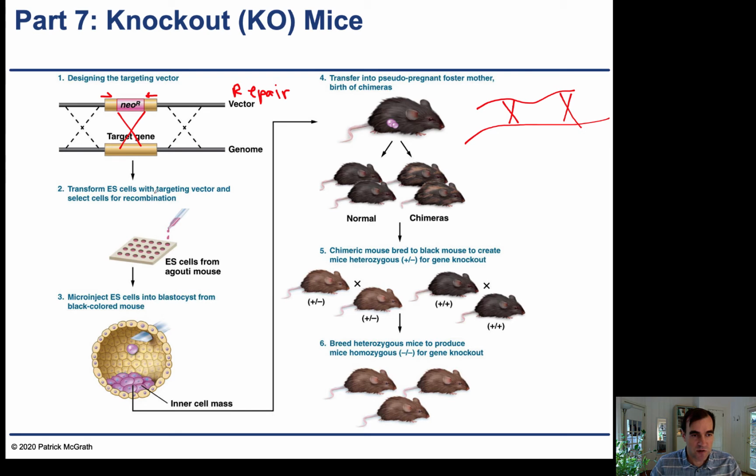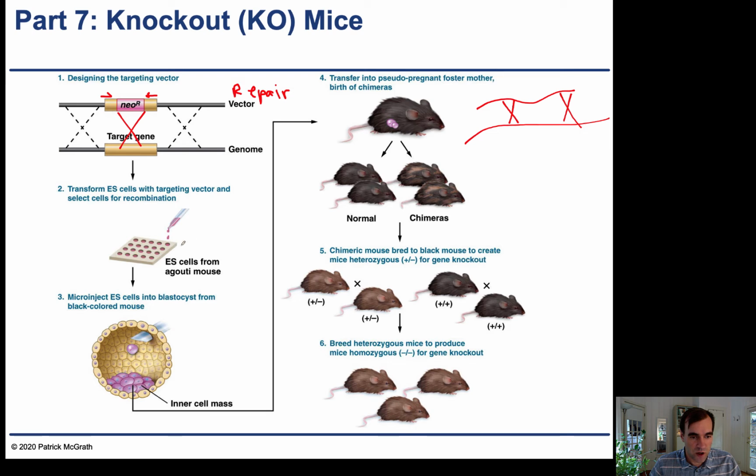And so the way you have to do this is that you want to transform ES cells, so embryonic stem cells, with the targeting vector and select cells for recombination. This relies on the fact that we made a large number of advances in cell culture, and so we can actually grow embryonic stem cells in a petri dish.